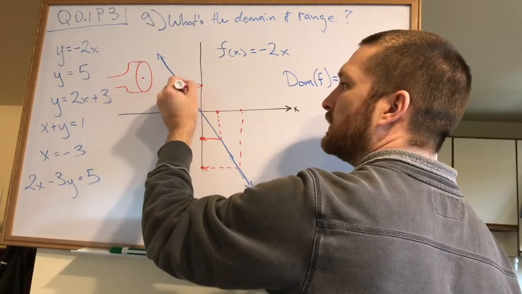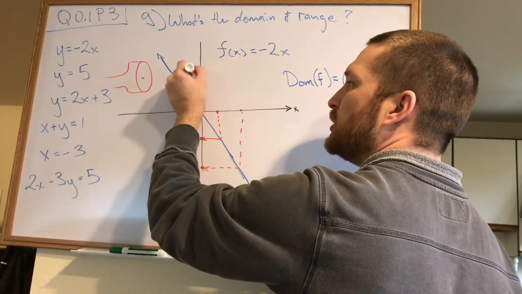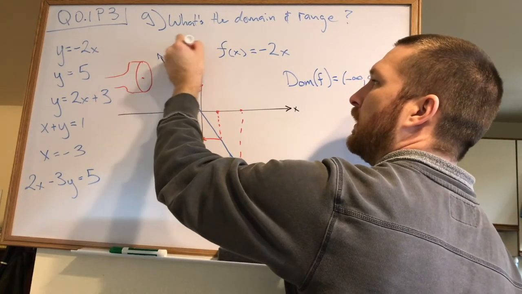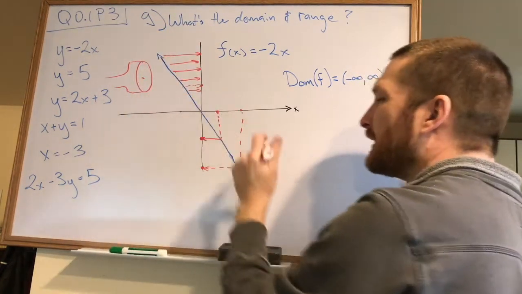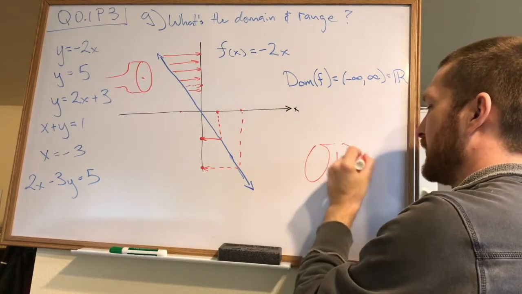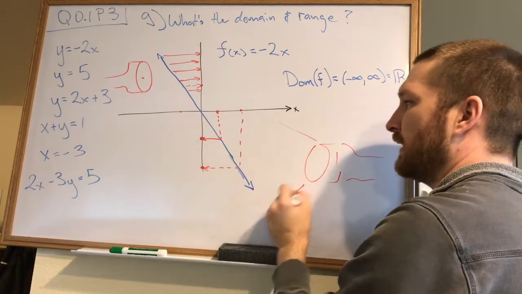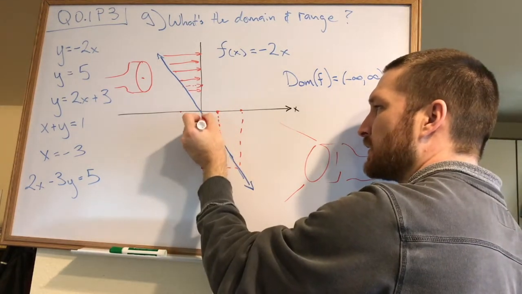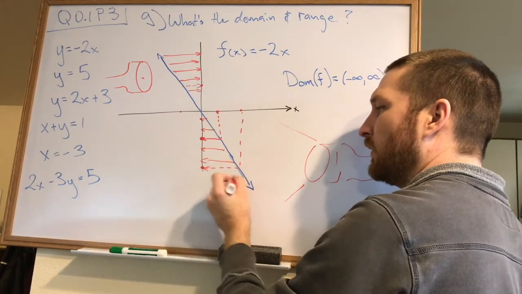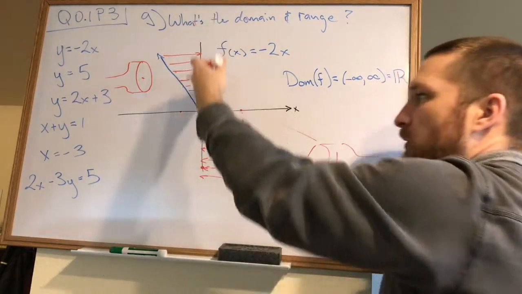Well, all of these points here would get projected onto the y-axis. Ditto over here. We have our flashlight, and we shine it. What would we see? That would cast a shadow here and here and here. This entire thing would get projected onto this line.